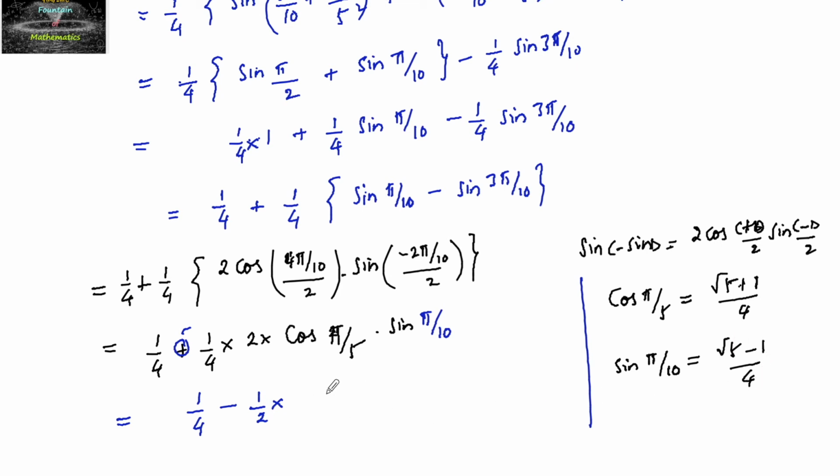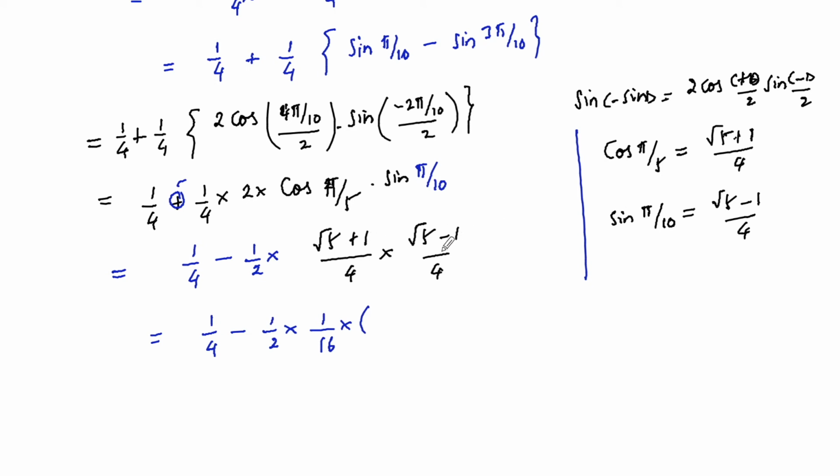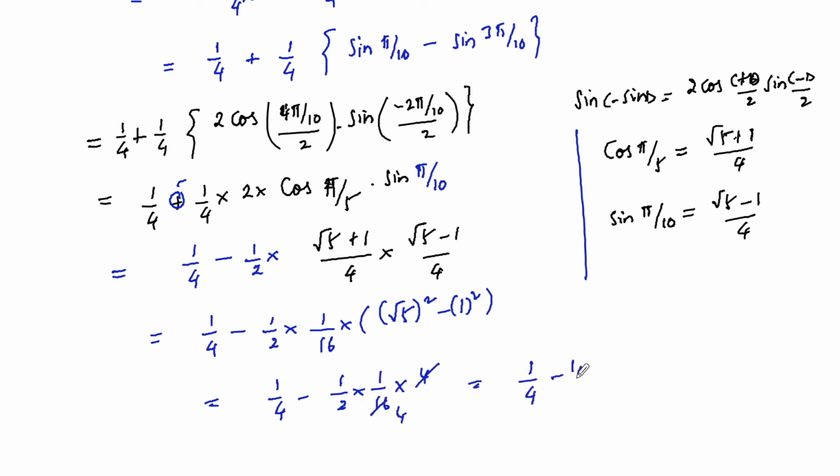So let us use these two values, root 5 plus 1 by 4 into root 5 minus 1 by 4. So 1 by 4 minus 1 by 2 into, this is 1 upon 16, and root 5 plus 1 into root 5 minus 1, that is root 5 whole square minus 1 square, which equals 1 by 4 minus 1 by 2 into 1 by 16 into, root 5 whole square is 5, 5 minus 1 is 4, 4 4s are 16, so we are getting 1 by 4 minus 1 by 8.